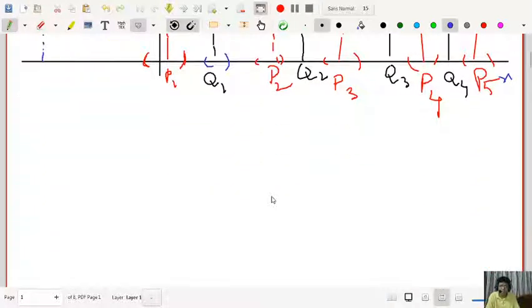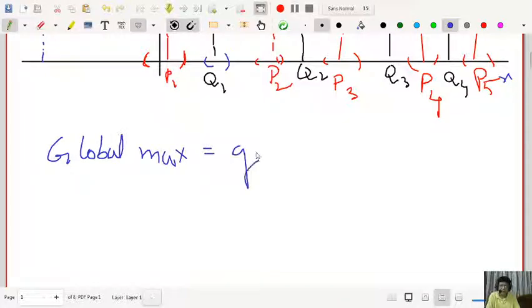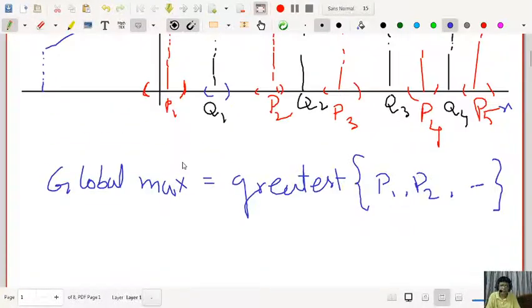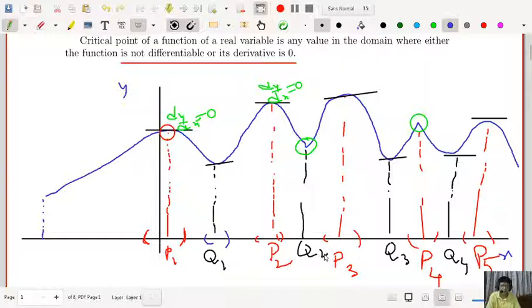So for the global maximum, we can say the greatest or largest of all P1, P2, P3, etc. That is called the global maximum. You have to take the greatest functional value, that is the highest point.